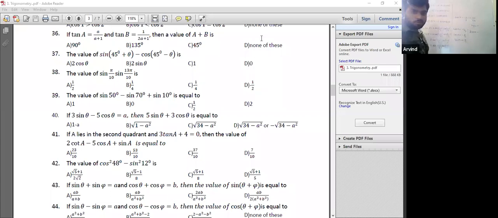So the question that they asked is 2 cot A minus 5 cos A plus sin A. So 2 cot A is 2 into minus 3 by 4, minus 5 into cos A, which is minus 3 by 5, plus sin A, which is 4 by 5.